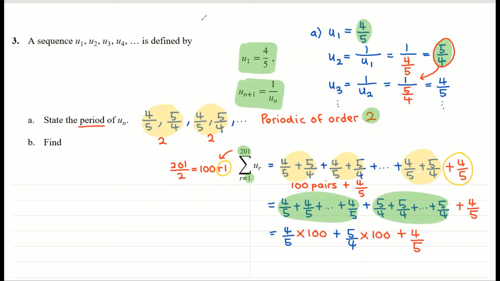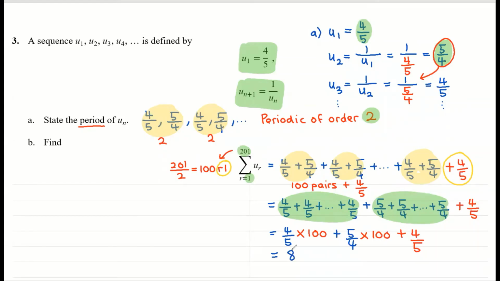Okay, so this is going to be, so that's 400 over 5. There we go. So it's 400 over 5. Plus 500 over 4 plus 4/5.